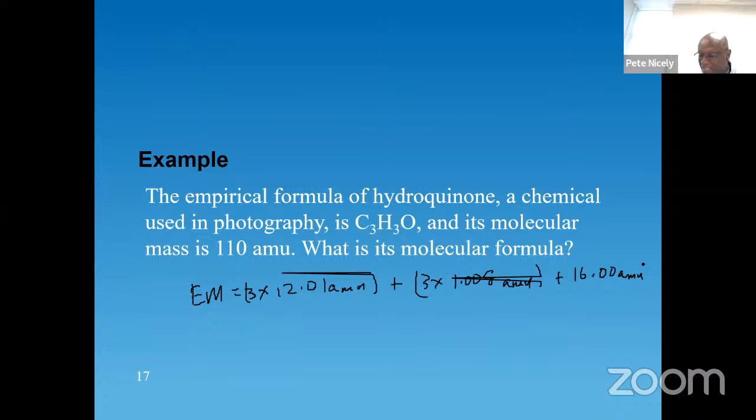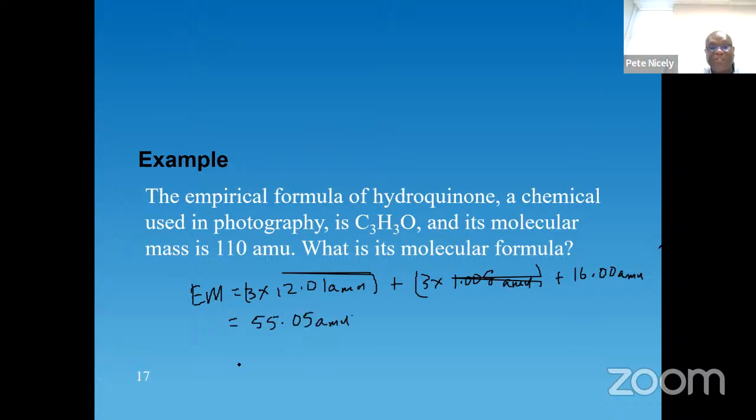So let me do that calculation. This would be 36.03 plus 3.024 plus 16. According to my calculations, this works out to be equal to 55.05 AMU.